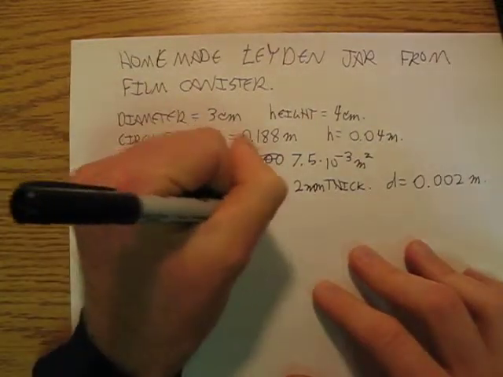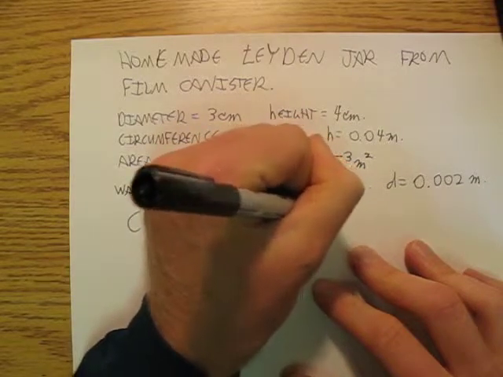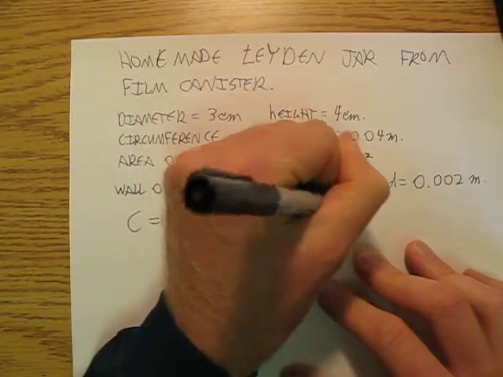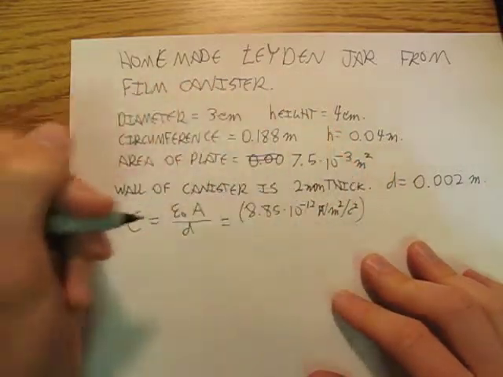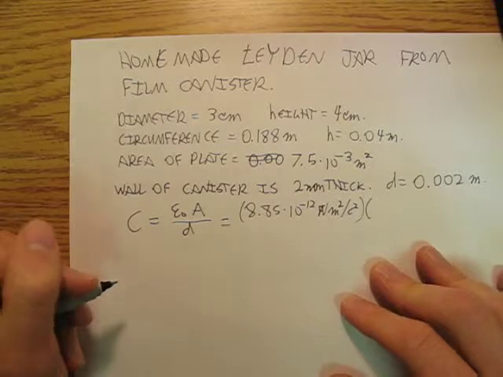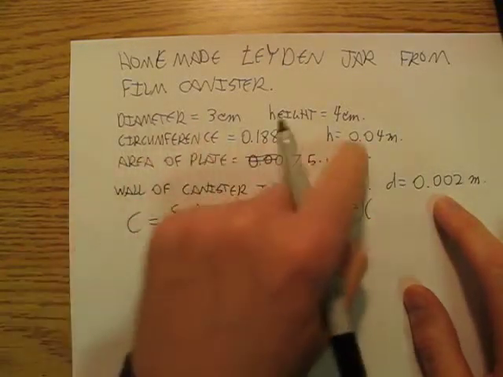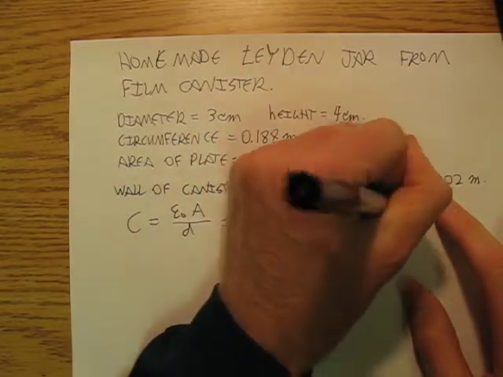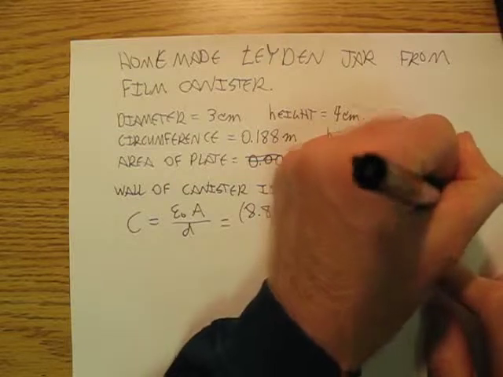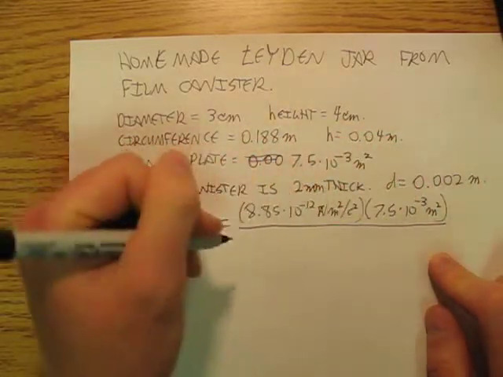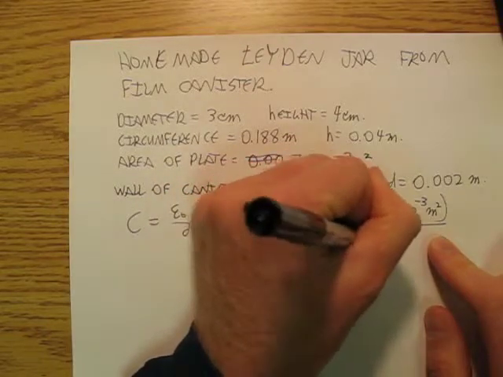So it's going to be 8.85 times 10 to the negative 12 Newton meter squared per Coulomb squared, and then the area is 7.5 times 10 to the negative third meters squared, over 2 times 10 to the negative third meters.